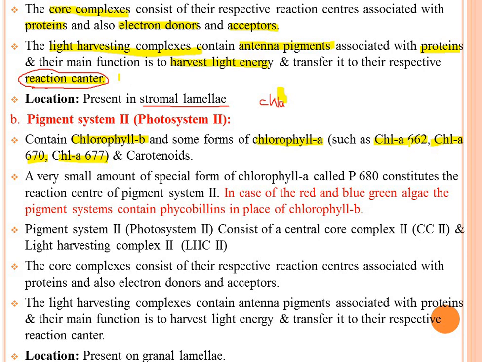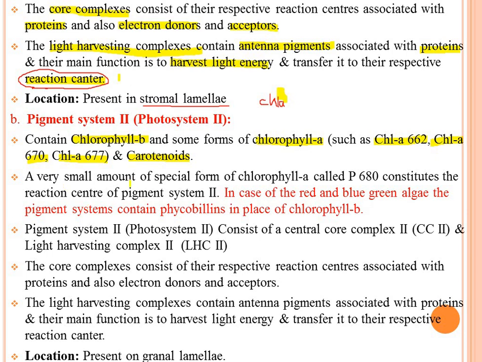Means these chlorophyll A absorb 662 nanometer light, the second absorbs 670 nanometer light, the third absorbs 677 nanometer light, and also carotenoids. Means photosystem second also contains chlorophyll B, chlorophyll A, and carotenoids. Out of that, chlorophyll A is the main reaction center, while chlorophyll B and carotenoids are the accessory pigments.